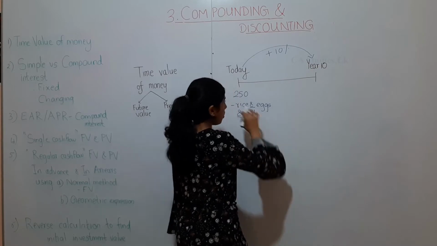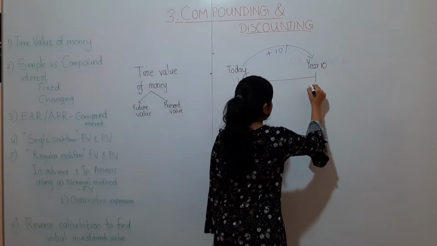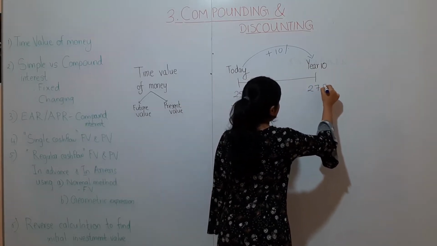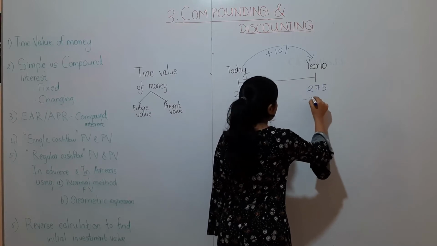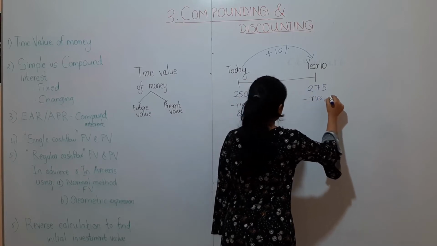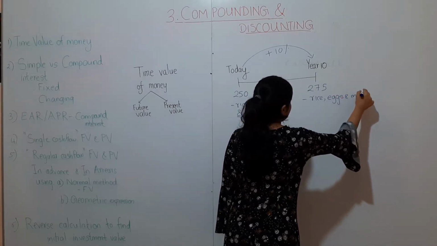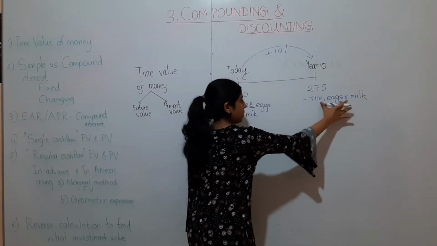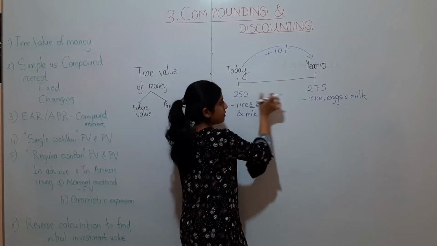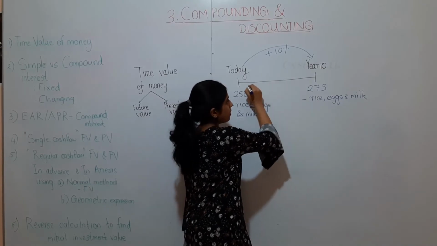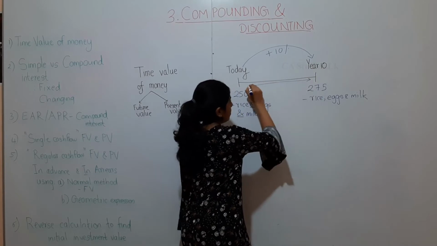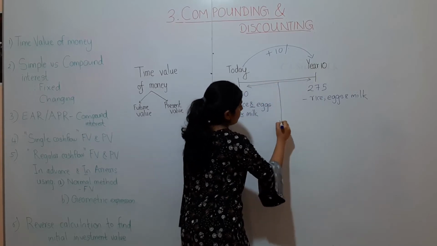Now what? Your overall price, for example, became 275 for rice, eggs and milk. So you see, the same item's price changed because of this gap of time.